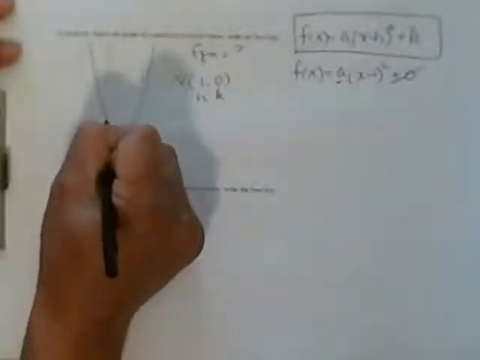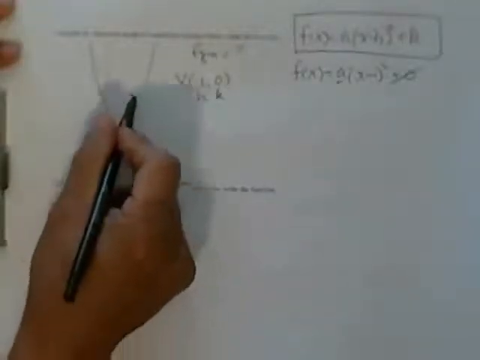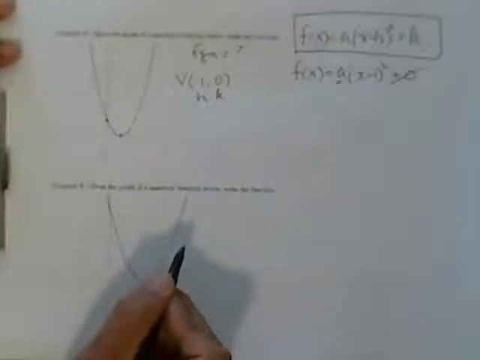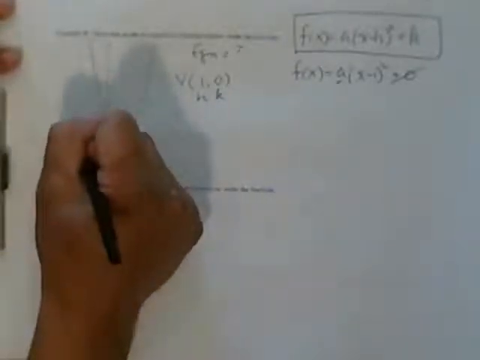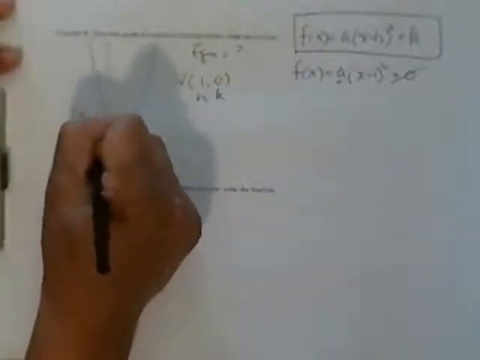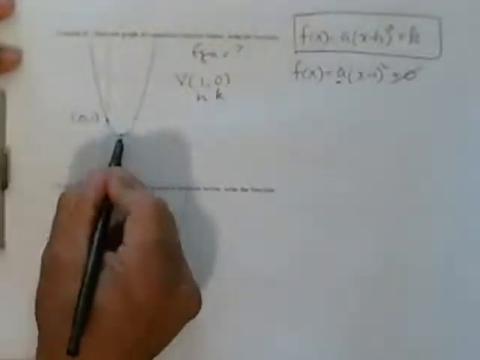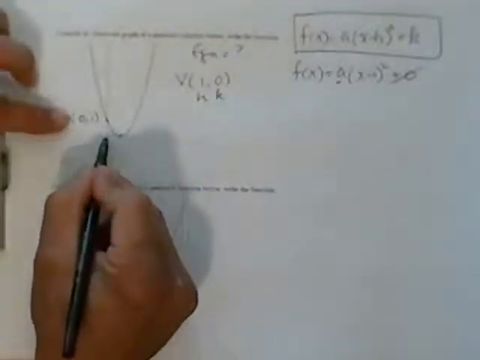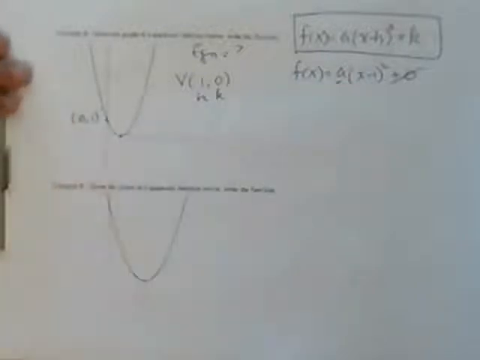Okay. So you need to find the value of a right over here, and they give you this point right over here. And always try to use the one that goes through the vertex or something that's pretty easy to find. And so the coordinate of that is going to be 0, 1. Not 1, 0. It goes 0 in the x direction and goes up 1 in the y direction.